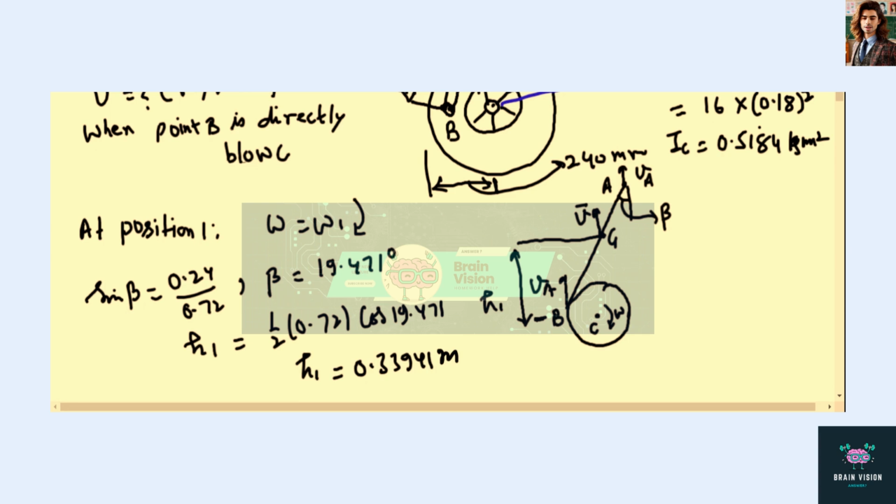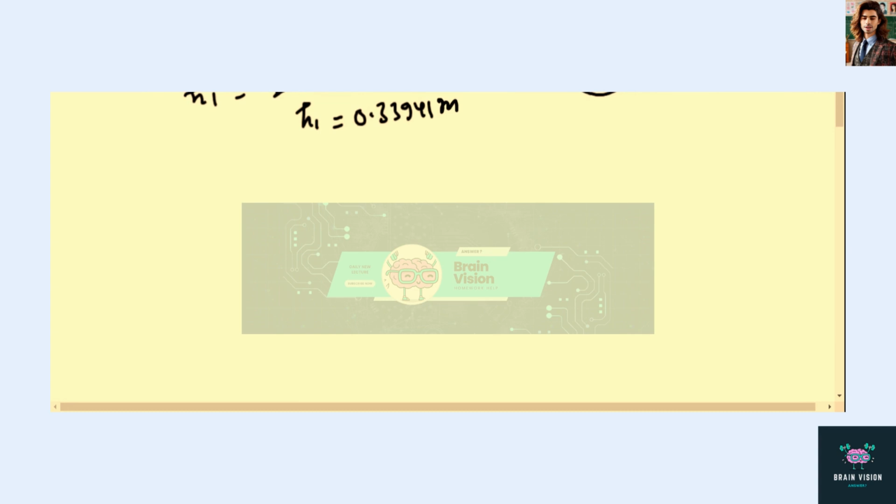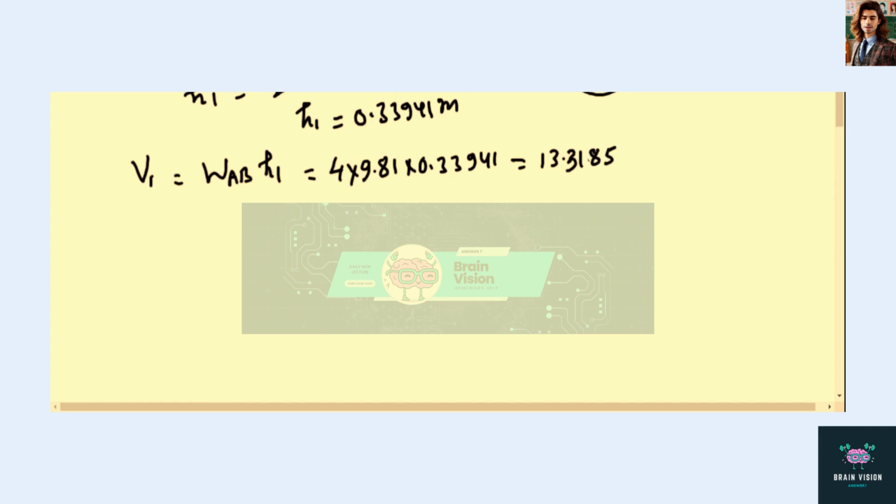So gravitational potential energy of rod AB, you will get weight of AB into H1, 4 into 9.81 into 0.33941, that is 13.3185 joule.